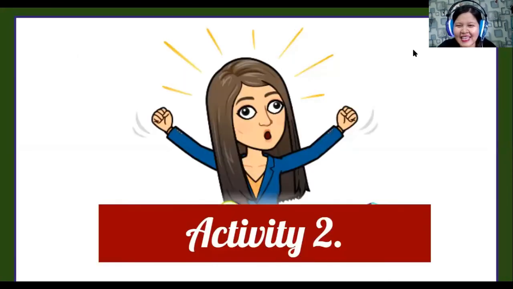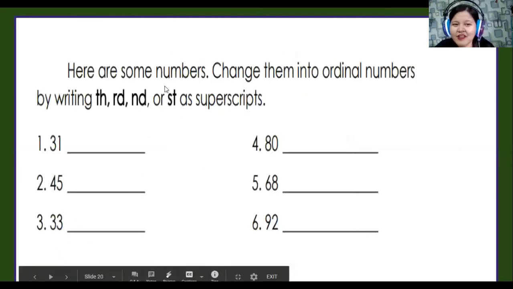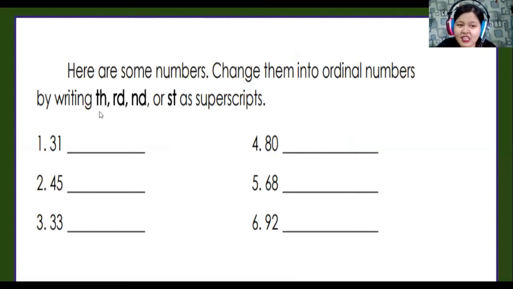Next, we have activity 2. Here in activity 2, here are some numbers. You will change them into ordinal numbers by writing TH, RD, ND, or ST. Let's try the first one. We have here 31. What do you think are the last 2 letters to complete the ordinal number?